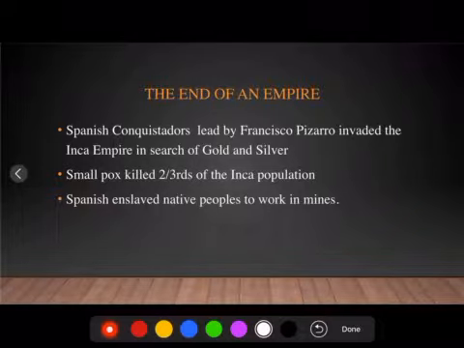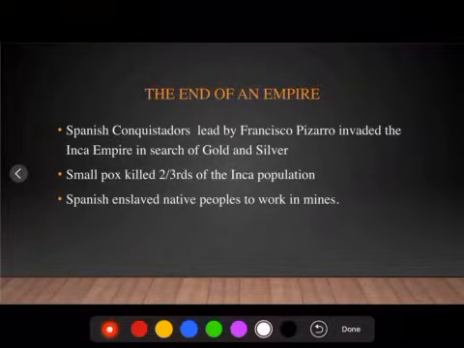All right, so the Spanish conquistadors came in. They were led by Francisco Pizarro, and they spread smallpox throughout the empire. Most of the population was wiped out, and the population that wasn't was enslaved and put in mines. Now, the Incas tried whatever they could to keep their empire from coming to an end.